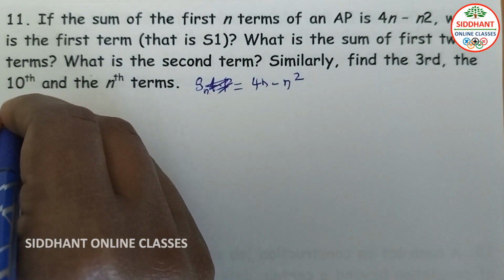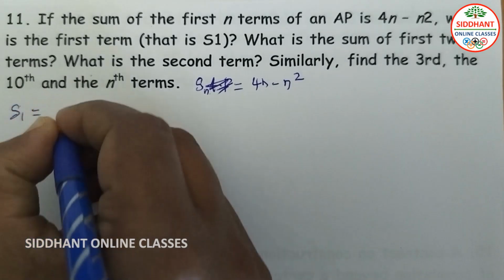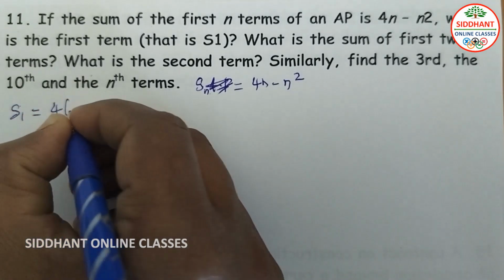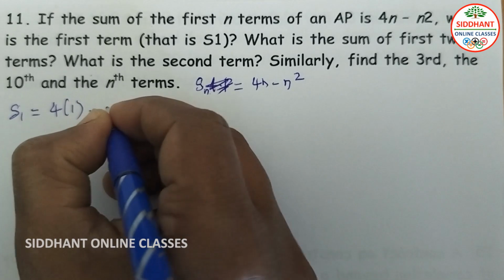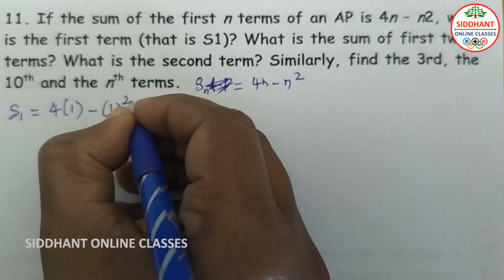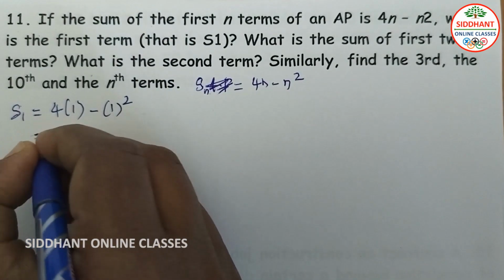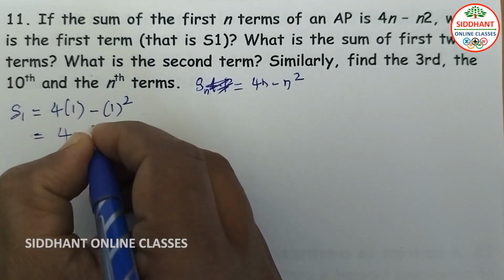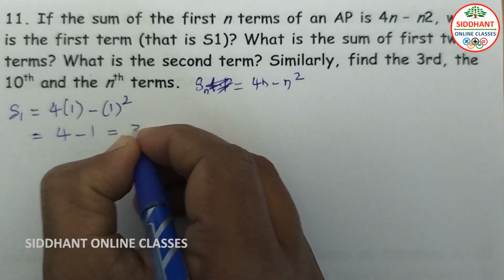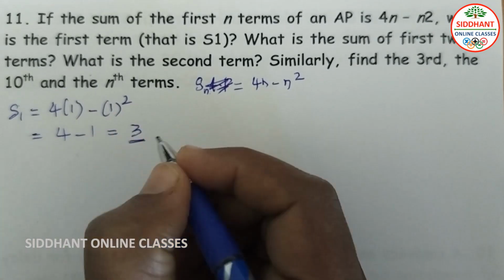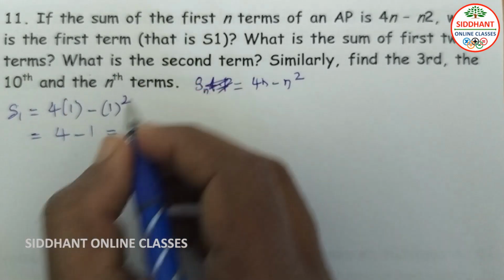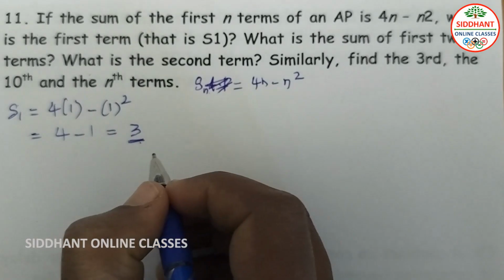Now S1 we are going to see. S1 will be 4 into 1 minus 1 whole square here. So that will be 4 minus 1, that equals 3 here. So the first term, S1, is 3 here.